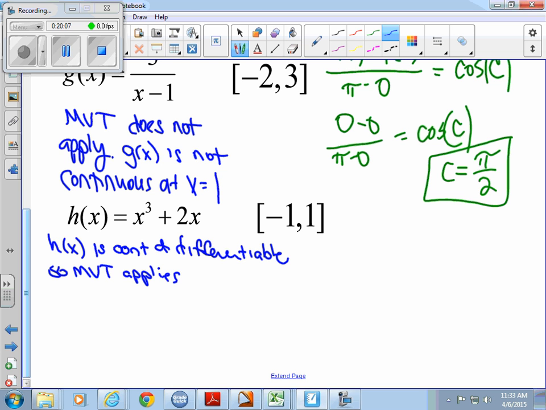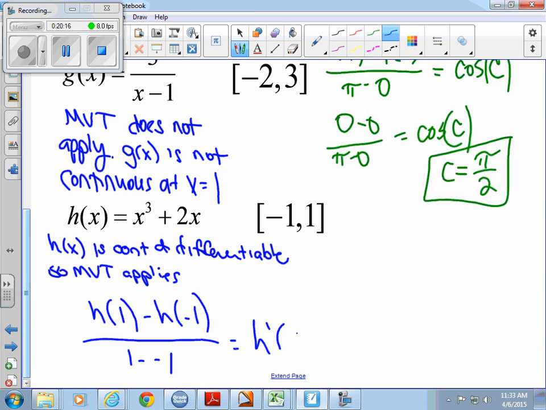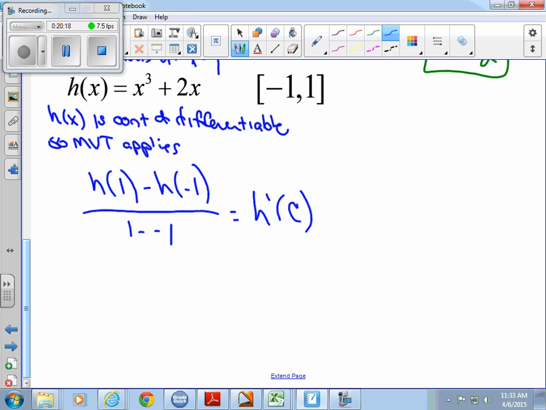So I'm going to do h of 1 minus h of -1. Does it matter if you do just diagonal minus, as long as you do the same thing on the top and the bottom? H of 1 is 3. H of negative 1 is negative 3.